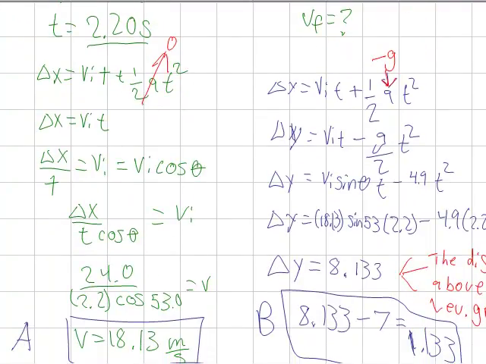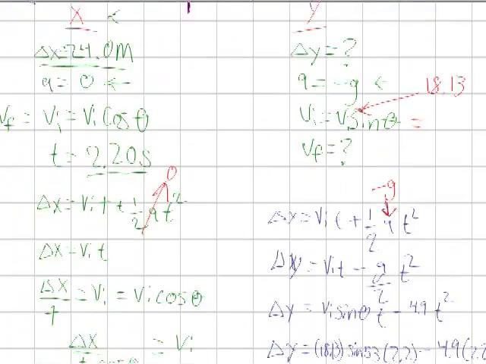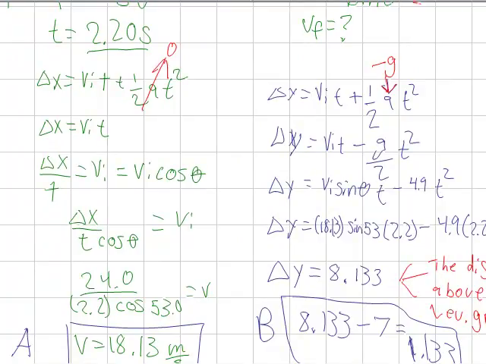So to find the velocity at which it was launched, we're going to use our knowns for x. So we have delta x equals velocity initial times time plus 1/2 acceleration times time squared. But since our acceleration is 0, this whole thing equals 0, giving us delta x equals velocity initial times time.